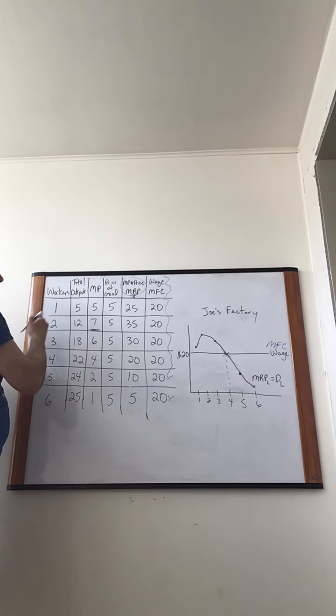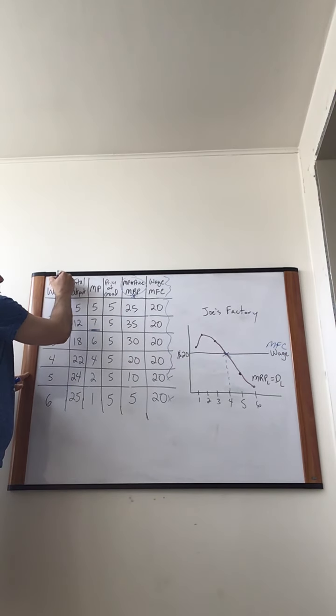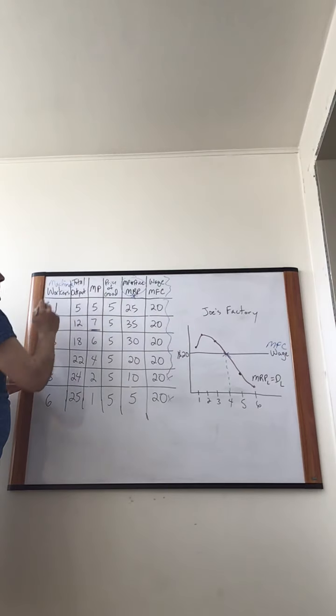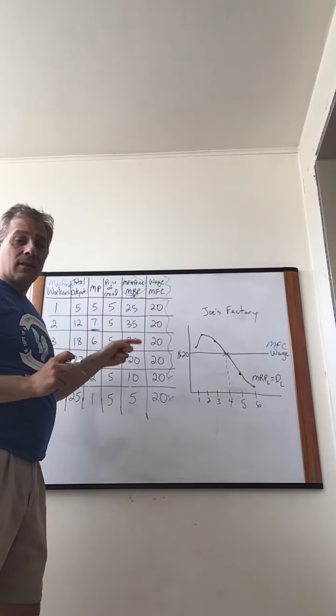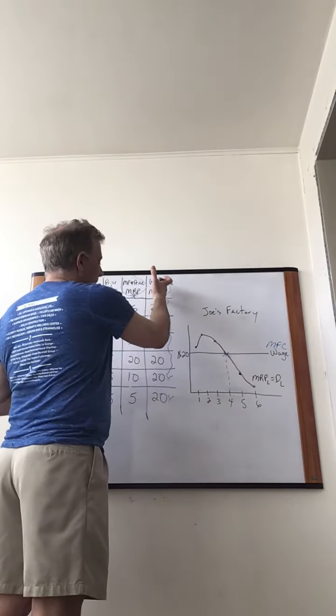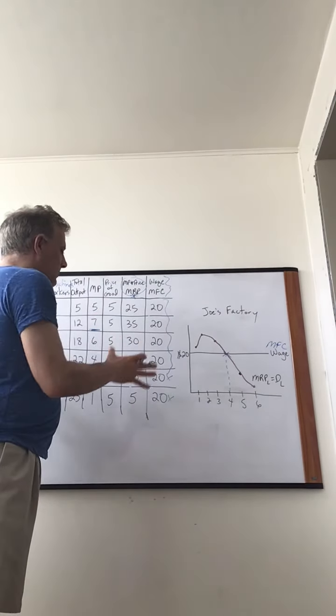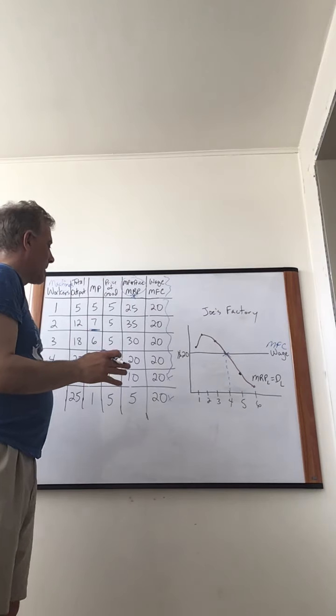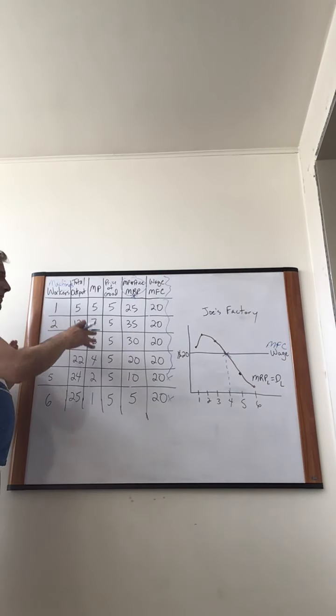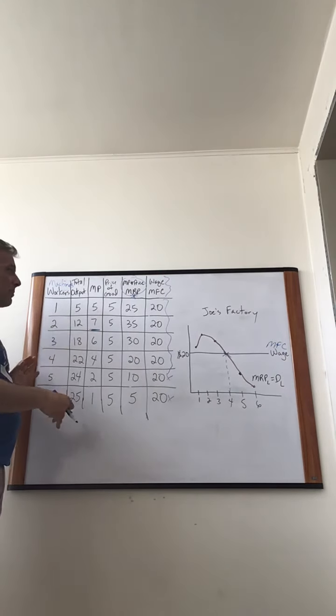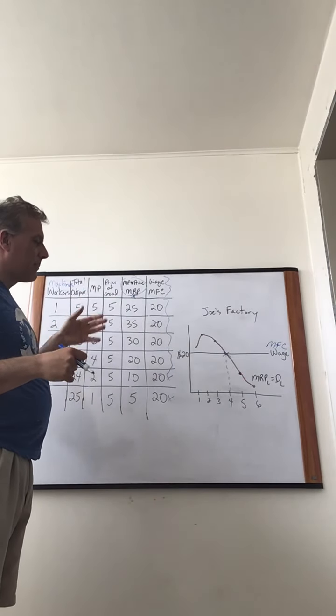And just by the way, if we do the capital goods market, so machines, it's the exact same thing. Instead of workers, I just put machines here, and instead of wage, I put daily rent. Everything else works exactly the same: the marginal product, the price of the good, the marginal revenue product of the capital.